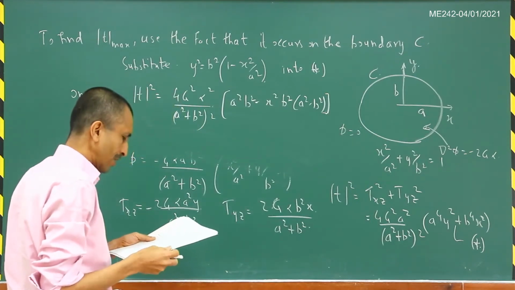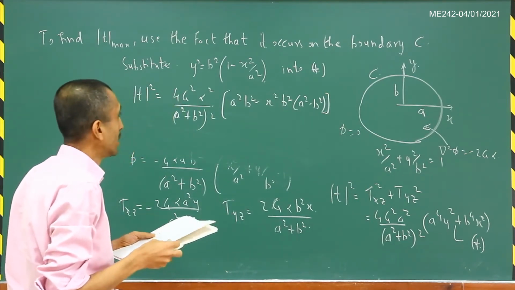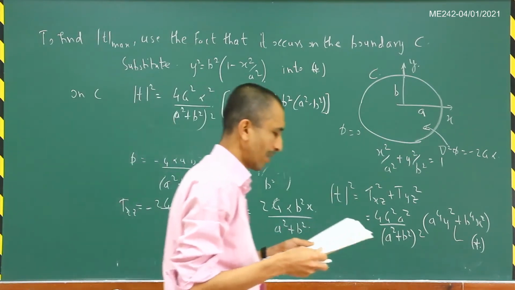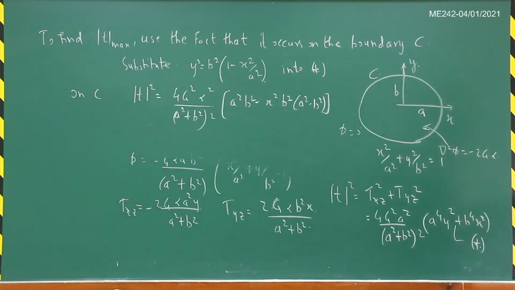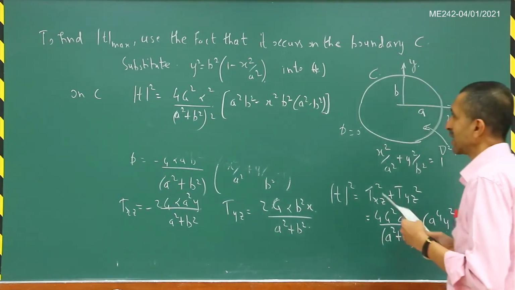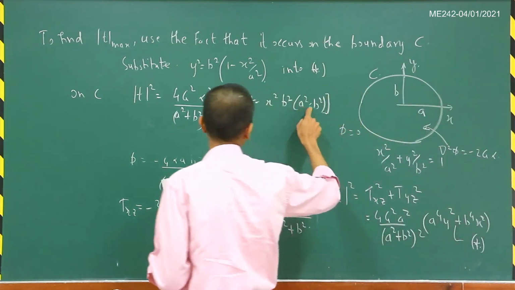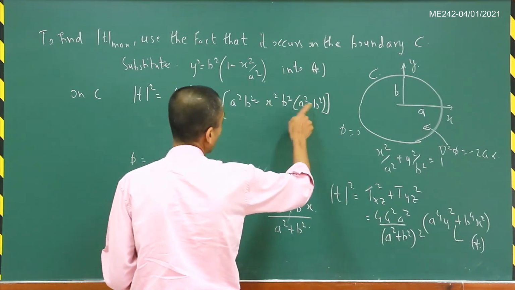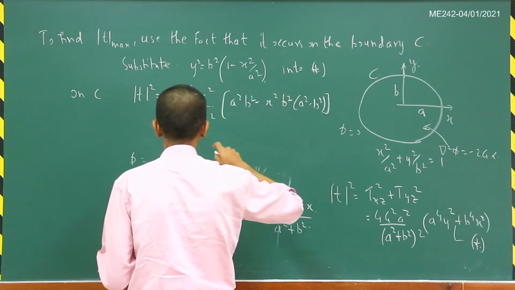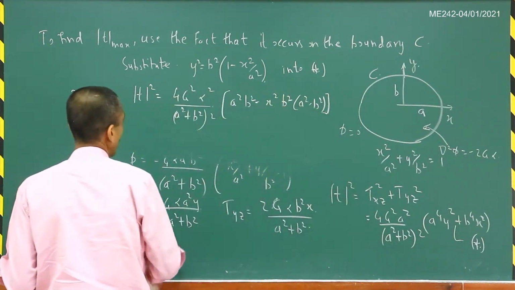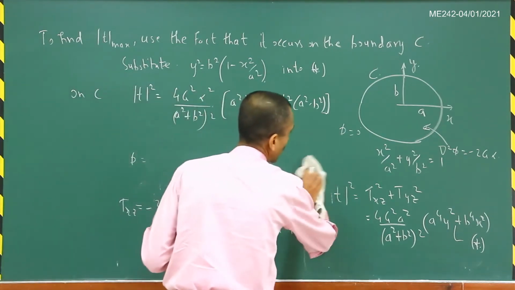From this you will see that the maximum will always occur for x equal to 0, since a is greater than b, so a square minus b square is a positive term, and b square is also a positive term.